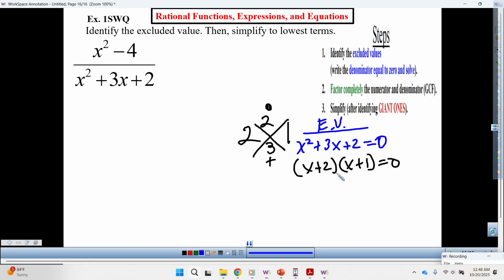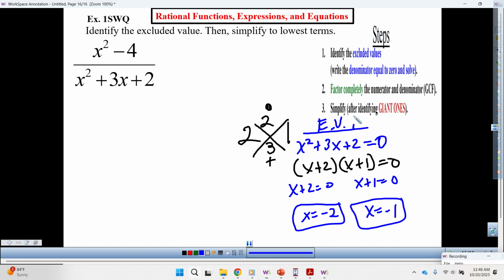So what do we do from there, everyone? Set each one of these equal to 0 and solve. So x equals what? -2. And this one, x equals what? -1. So my excluded values are -2 and -1.